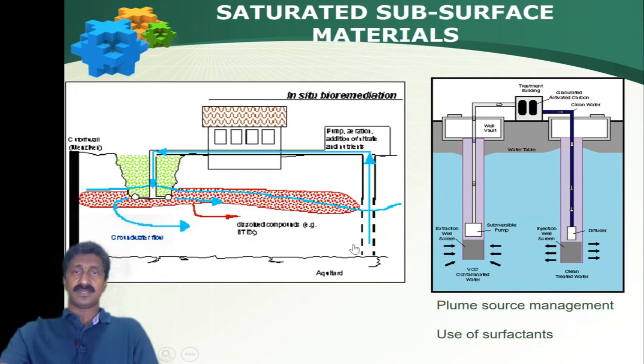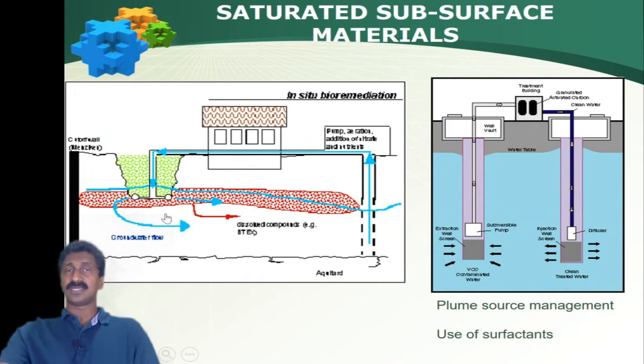From the aquifer itself, you pump it out, because the contaminant leaches out and reaches the aquifer. From the aquifer it is taken out and pumped, then aeration and treatment are done in the reactor, and it is reintroduced back into the system. So this is the in situ bioremediation process.